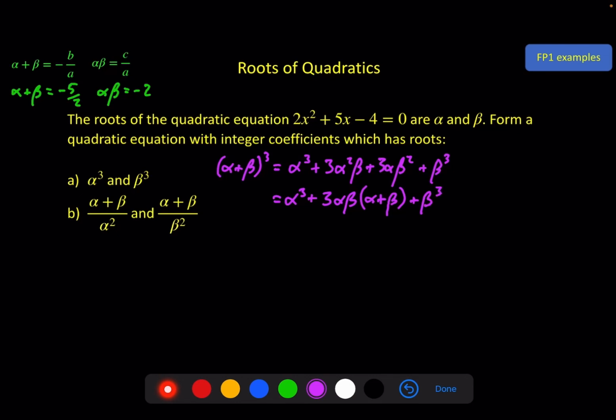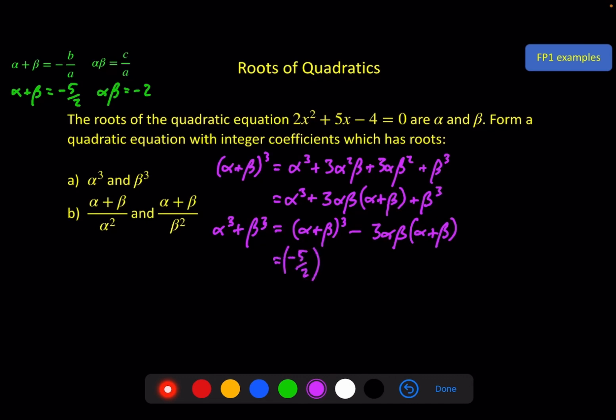And then we can rearrange this to isolate the two that we want in terms of the things that we know. And there we go. Now we put in the numbers. We've got alpha plus beta is minus 5 over 2.